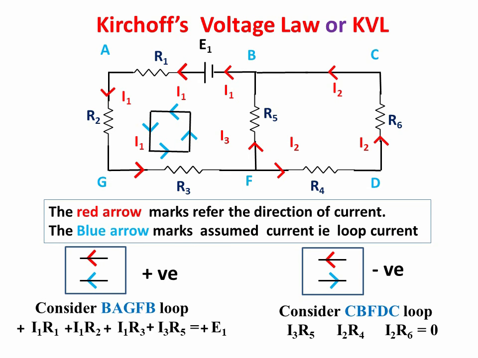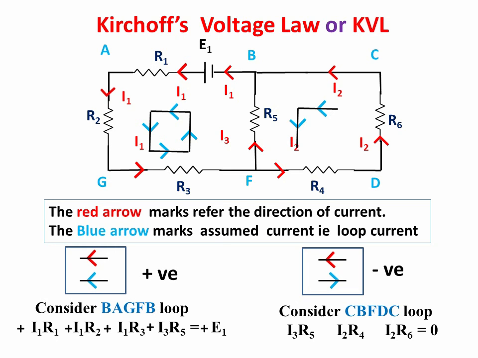Then we are going to find out the algebraic sum of the product of current and resistance. This is the voltage law, so you have to find out the plus or minus. It's very, very important. So again you have to draw a blue arrow from C to B according to this loop. Here just look at that, both are in the same direction, but there is no resistance and current, so just leave it.